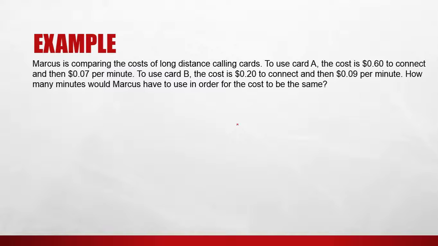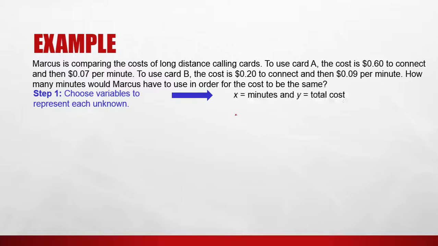How many minutes would Marcus have to use in order for the cost to be the same? So remember, first step, choose variables to represent each unknown. I'm going to use x to represent the number of minutes. Y will represent the total cost for card A and card B.